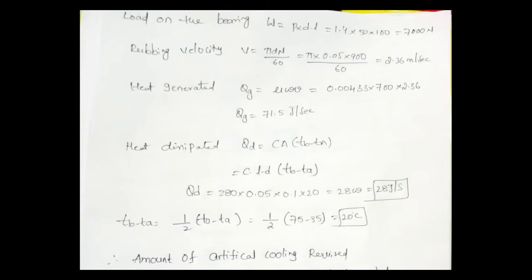In this problem, each and everything is already available, so directly you can calculate the mu value, then go for the W value. If everything is available in your problem, then substitute. Your approach will be like this, then only you will solve the problem.